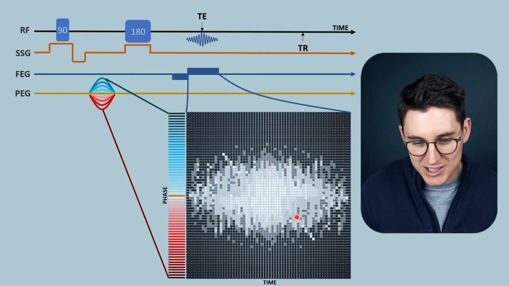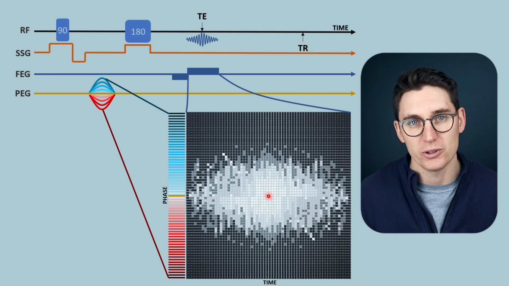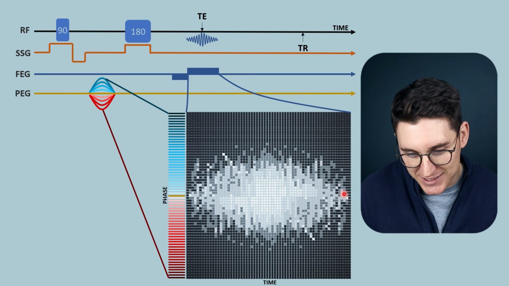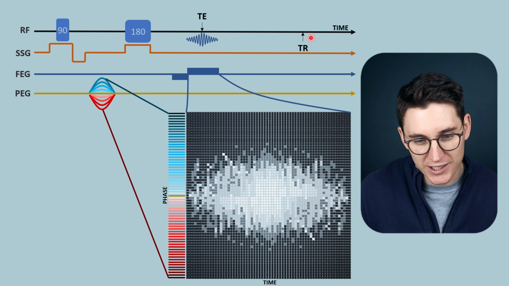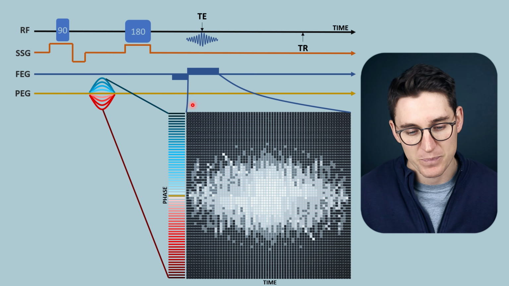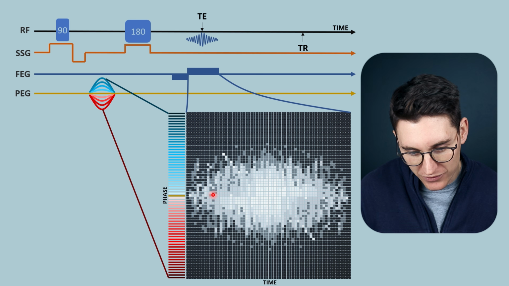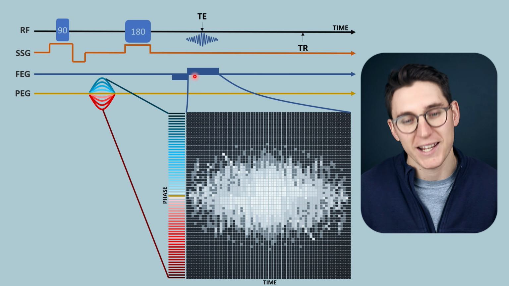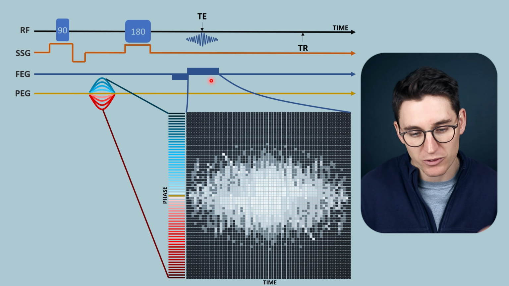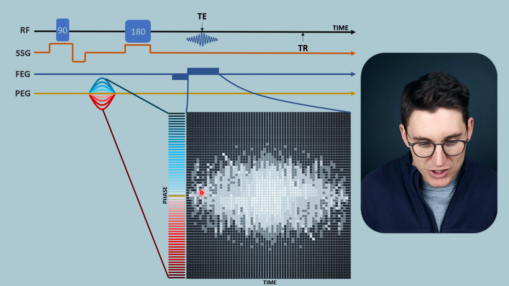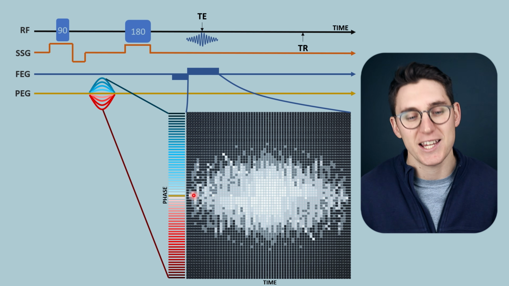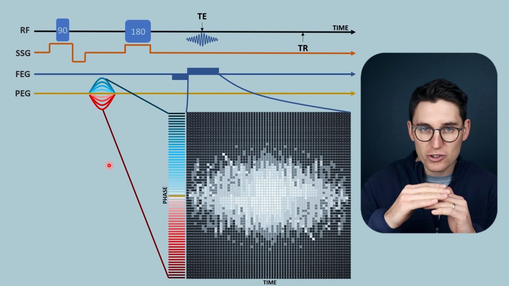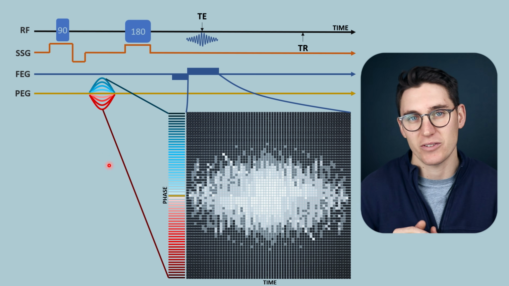Now you can see that k-space is made of multiple different rows, and each row within k-space represents a specific data acquisition period that we used in a specific pulse sequence we've chosen. Now we acquire each one of these data points at the data acquisition time, which occurs when we're applying the frequency encoding gradient, all of which we've looked at in previous talks. Each sequential row that we add into k-space represents a different phase encoding gradient that we've used to introduce phase differences along the y-axis of our slice.